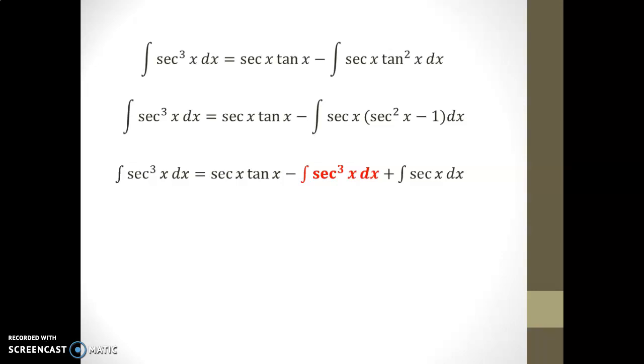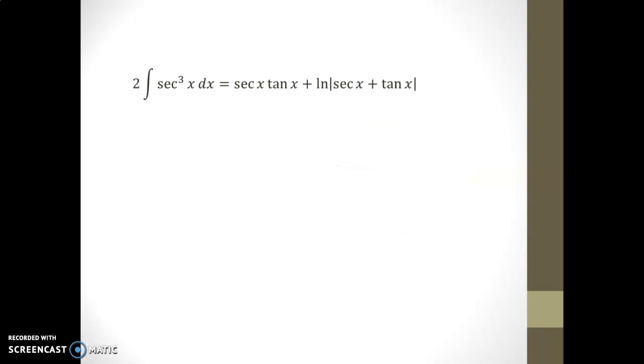Therefore, we can regroup the common integrals of secant cube of x on the left, and then finish our integration on the right-hand side by recognizing that the integral of secant x is the example that we did just previously, and for which you now have a basic rule, which is ln of secant x plus tan of x. You can then isolate the integral of secant cube of x dx by dividing both sides by 2, and by adding an arbitrary constant.